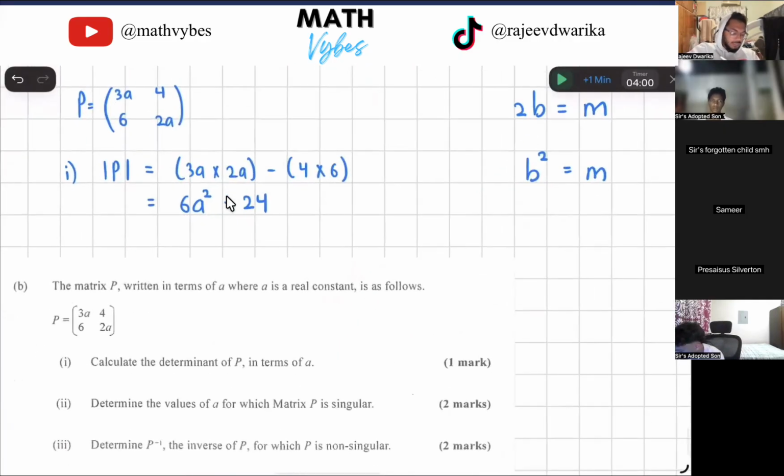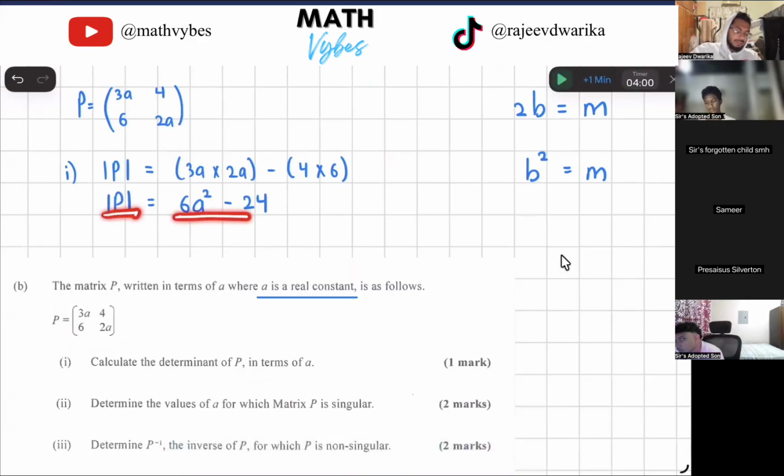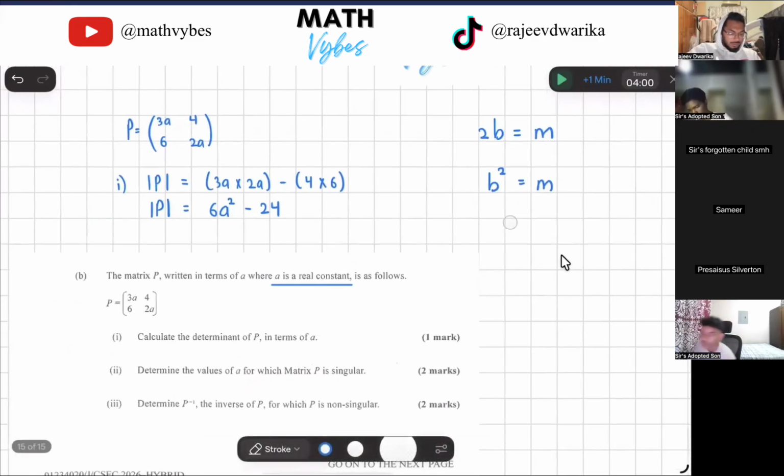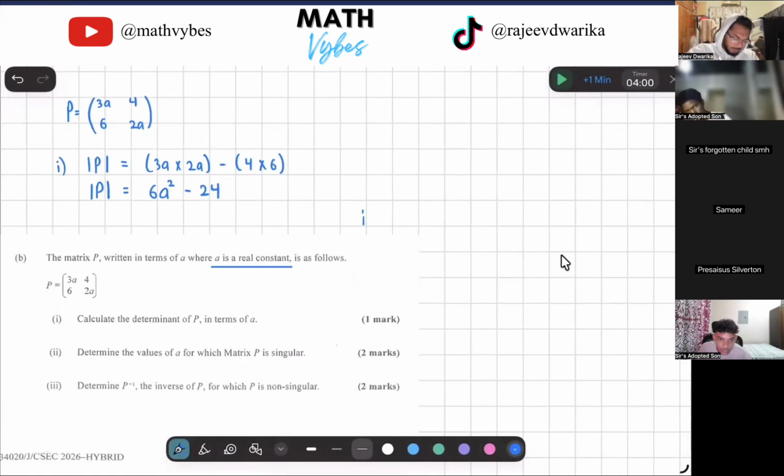So when they say in terms of A, obviously we'll have A in it because A is the unknown in the matrix. We don't know what A is. However, we do know that A is a real constant. I wonder if you understand. Yes, sir. So you saw that you got the determinant, but it was in terms of A. A was the unknown. Cool. Sure you understand that? Yes, sir.